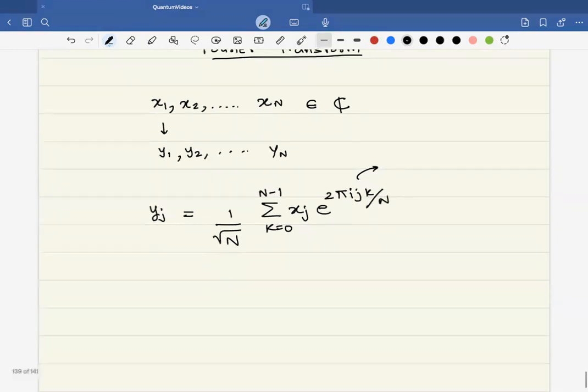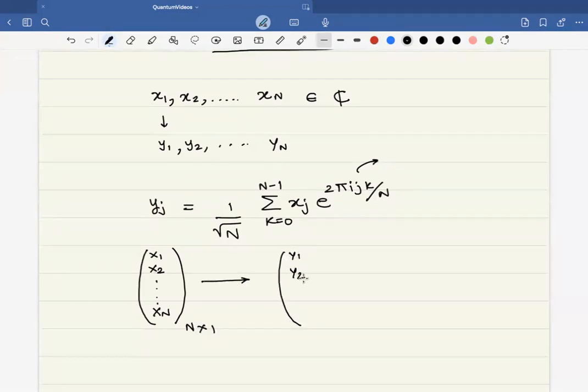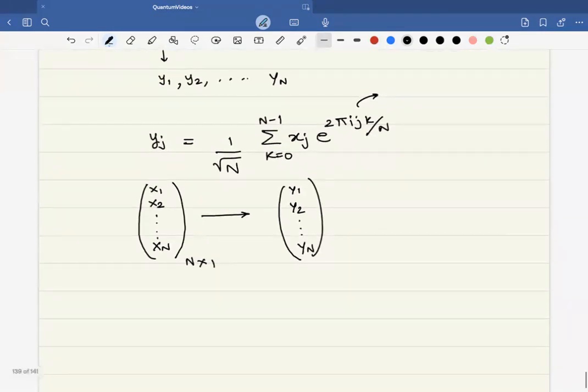So one can think of a Fourier transform that transforms this vector. So this is an n cross 1 vector with components x1, x2, xn, and it transforms this vector to y1, y2, yn. So one can think of a Fourier transform as a transform.